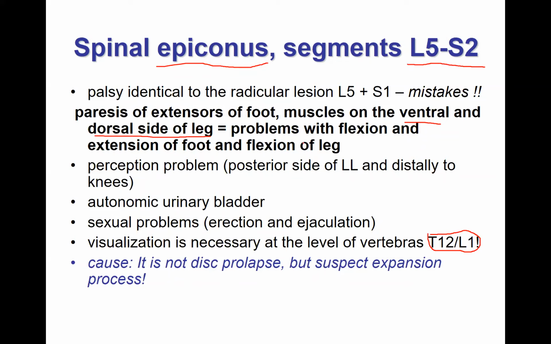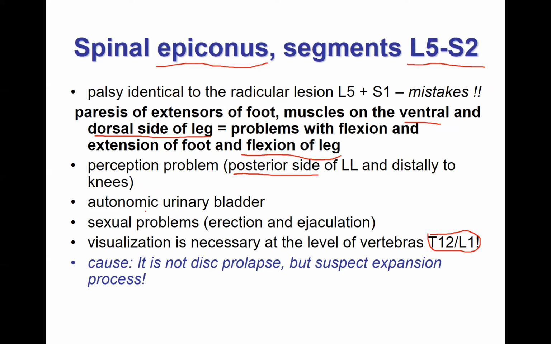And muscles on the posterior aspect of the thigh. So problems of the flexion of the leg. And of course, anesthesia, analgesia in the involved areas, which is the posterior side of the thigh, posterior cutaneous nerve of the thigh, posterior side of the leg, sural nerve, and of course the foot.